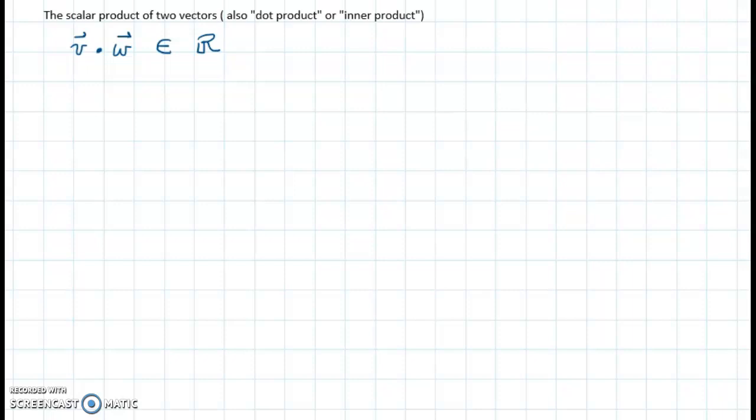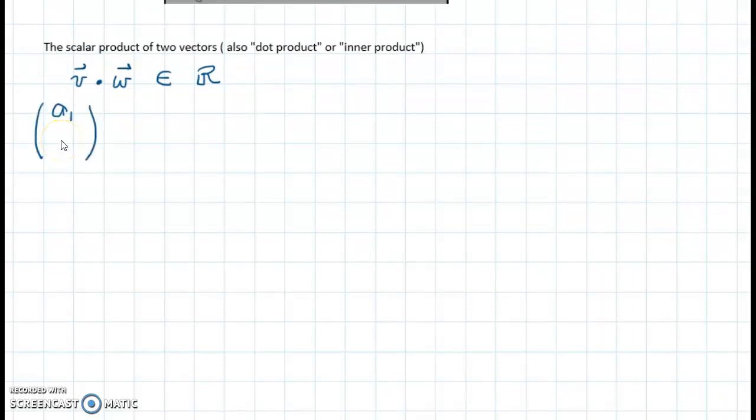So how is this defined? In principle, these vectors v and w could be vectors of any size. They could be n-vectors if we wanted to, but we only work with vectors of either 2 or 3 dimensions. So let me write the definition.